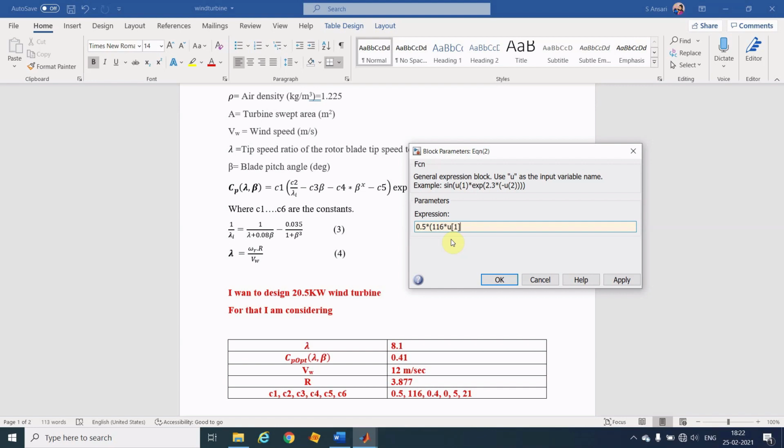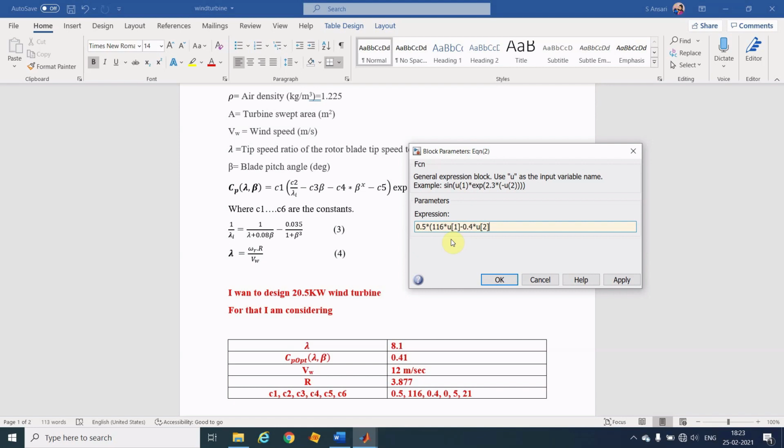Very careful. Minus c3. What is c3? 0.4 into beta. So beta I will consider as u2. Okay, u2.